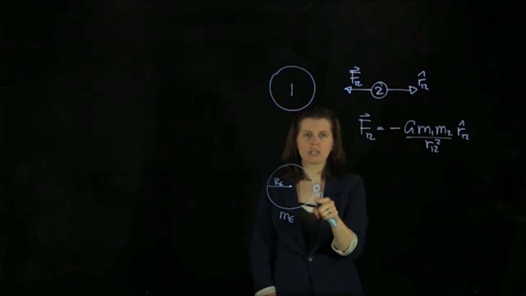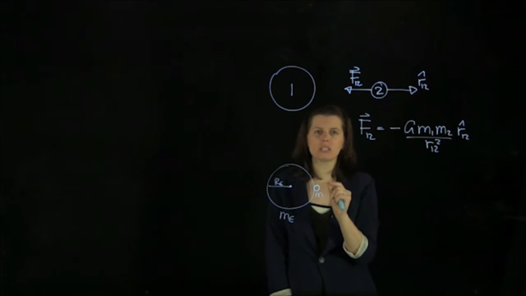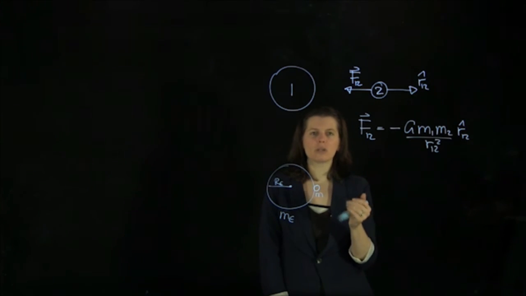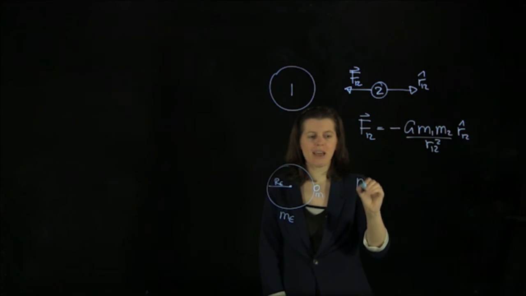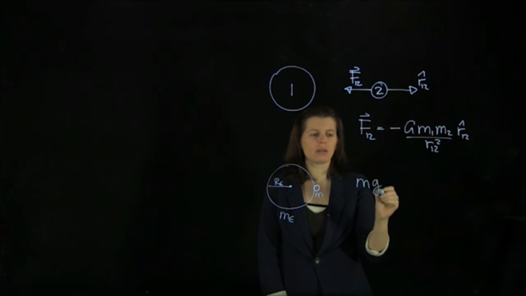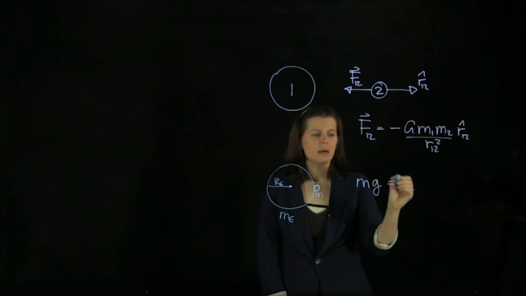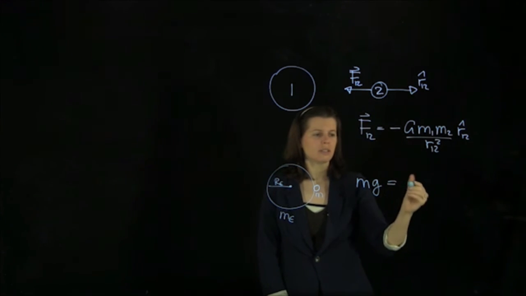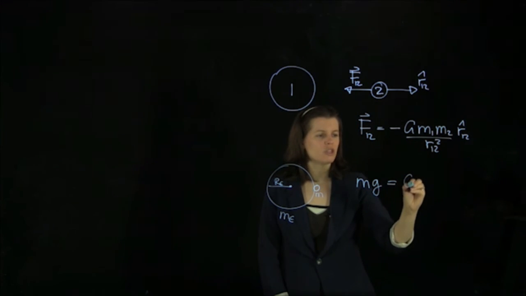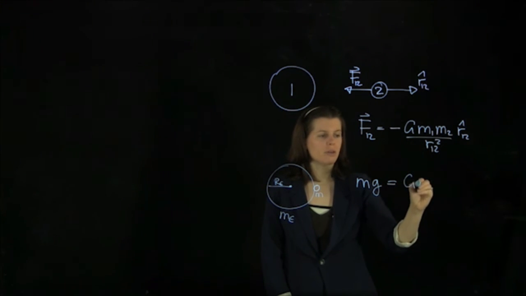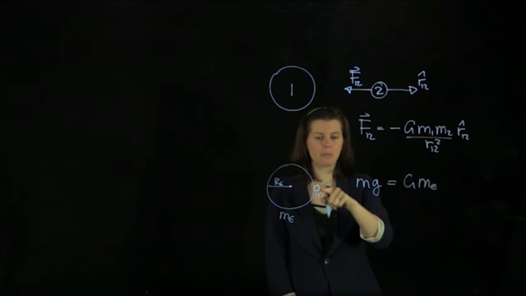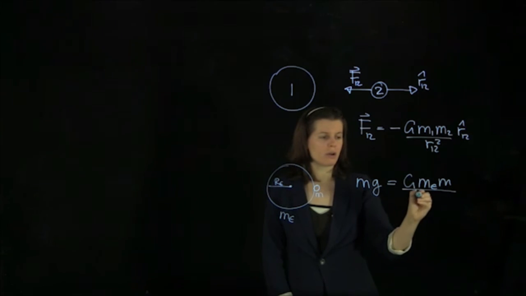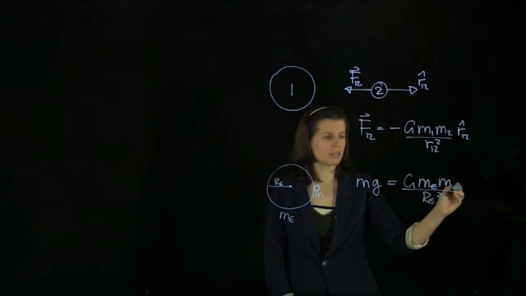What we are now considering in addition is that this moon rock is also experiencing a gravitational acceleration due to this force, and that goes inward as well. So it is experiencing an mg. And we know that that is the same as the magnitude of this force here. So we can equate that with G, and then we have the Earth mass and the mass of the moon rock times the distance squared, so an Earth radius squared.